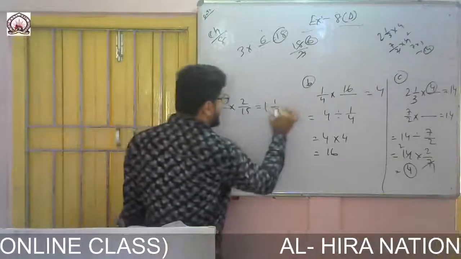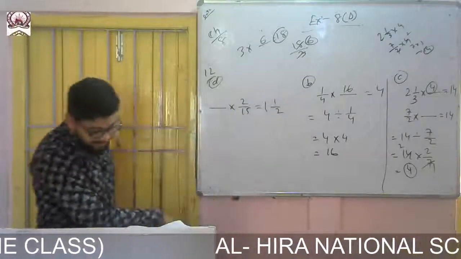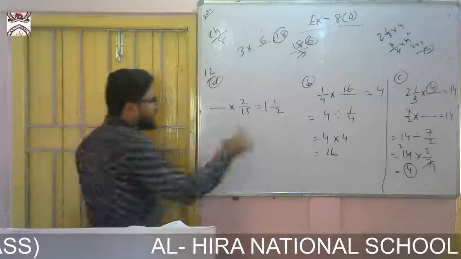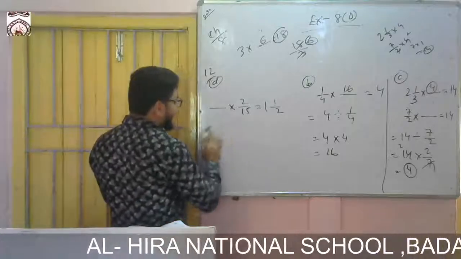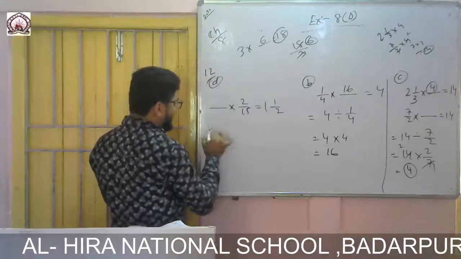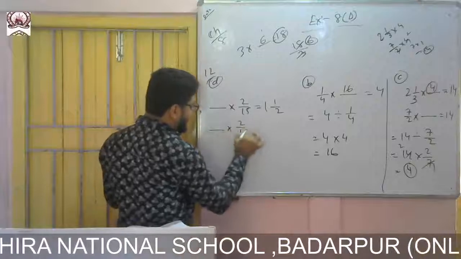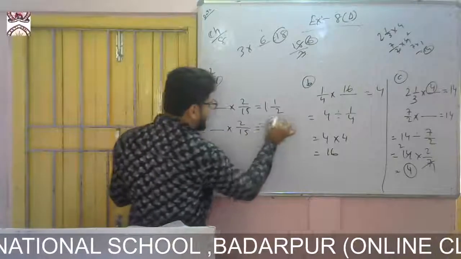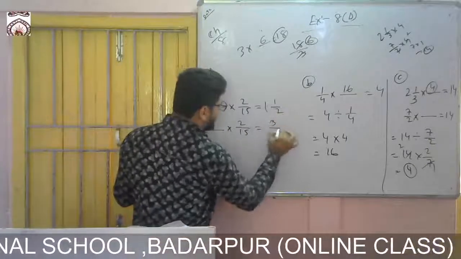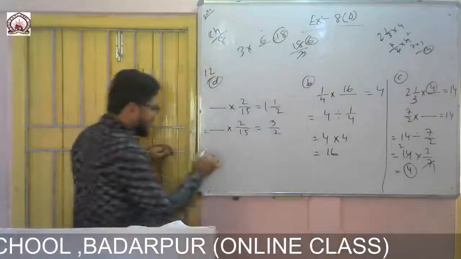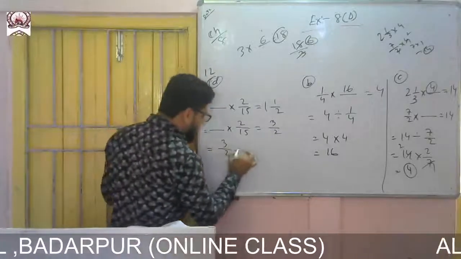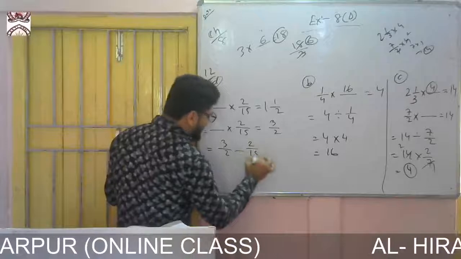So again it is division. First you break this one and write it exactly: 3 by 2. Now 3 by 2 divided by 2 by 15.